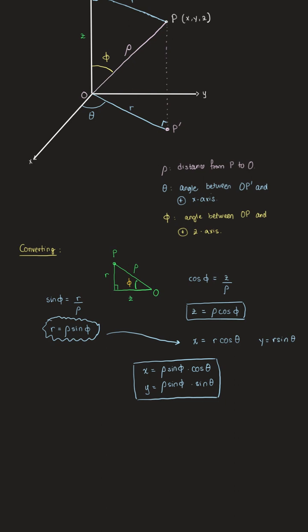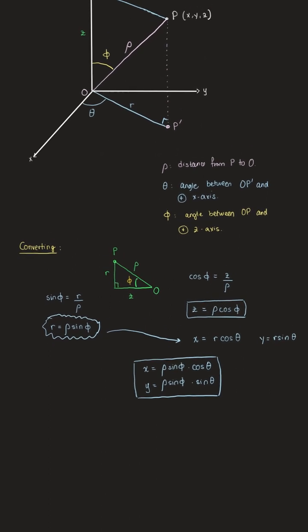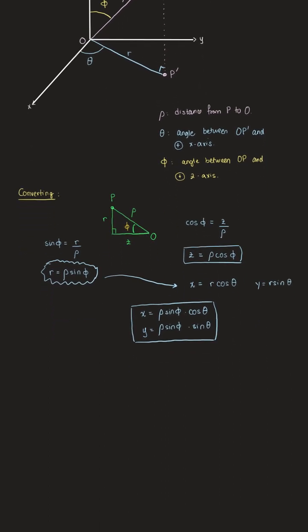So now we've got z, x, and y in terms of rho, phi, and theta. So that's a lot of progress that we've made so far. A couple of important relationships we have to keep in mind still are that because rho describes the distance from x, y, z to the origin, we know that we have the distance formula that rho is equal to the square root of x squared plus y squared plus z squared, the distance from point P to the origin, or the relationship that rho squared is x squared plus y squared plus z squared.